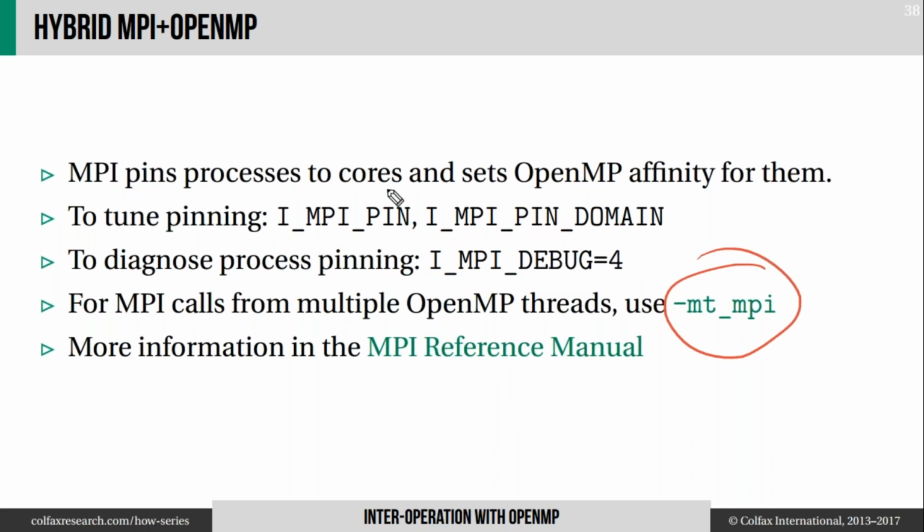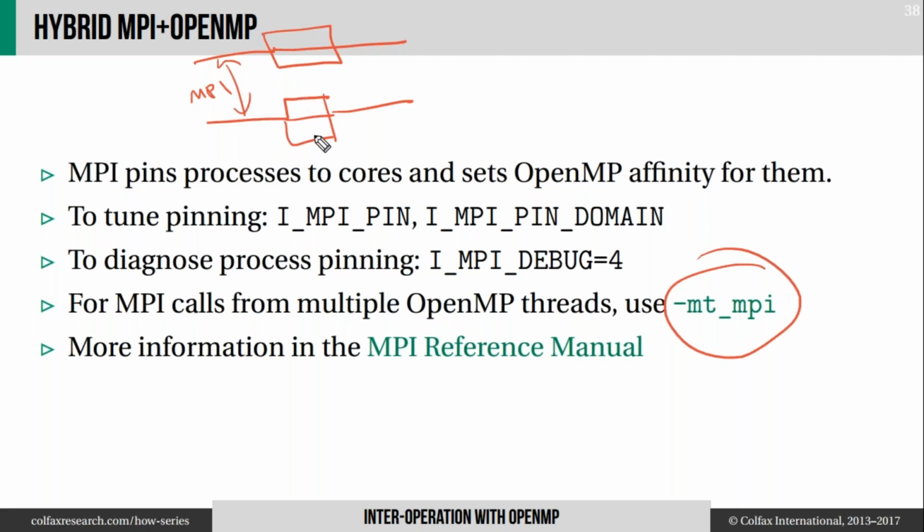Most importantly, when you do hybrid programming, so you have one process running here, you have another process running here, the default assumption is that MPI communication will occur only from the initial thread. This is how MPI wants you to communicate. This is typically the most efficient.